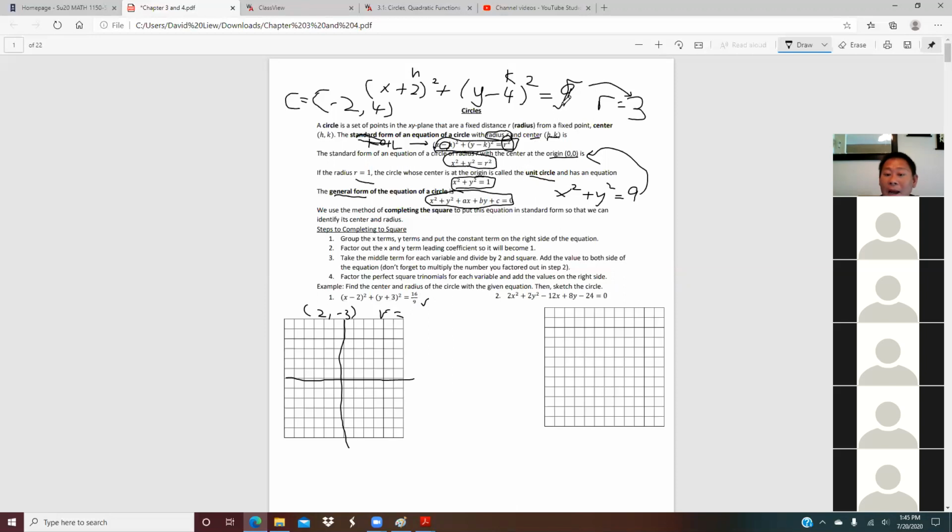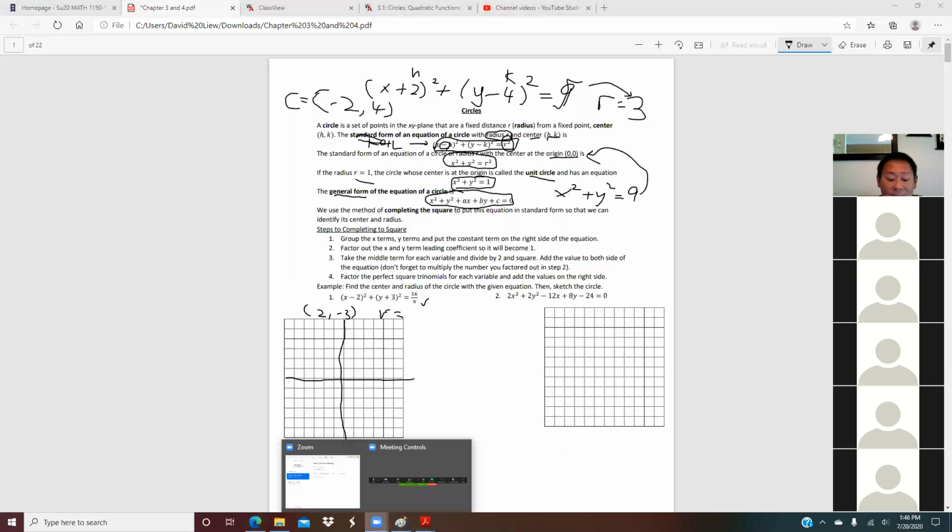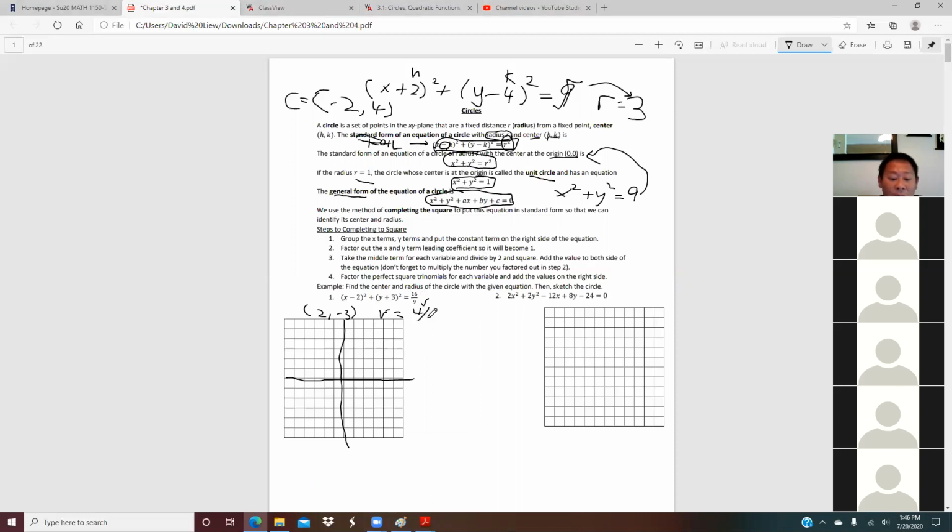Last time it was 9, I take a square root, become 3, right? So what is the square root of 16 over 9? Square root of 16 is what? And what is the square root of 9? 3. So it's 4 over 3, right? And then what you do is you just graph 2, negative 3. 2, negative 3 is down here.